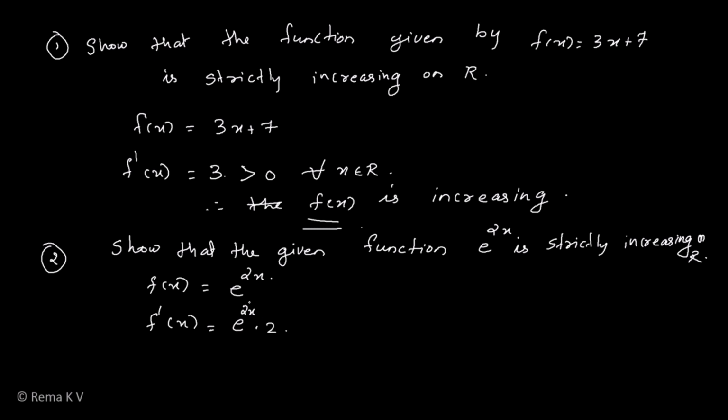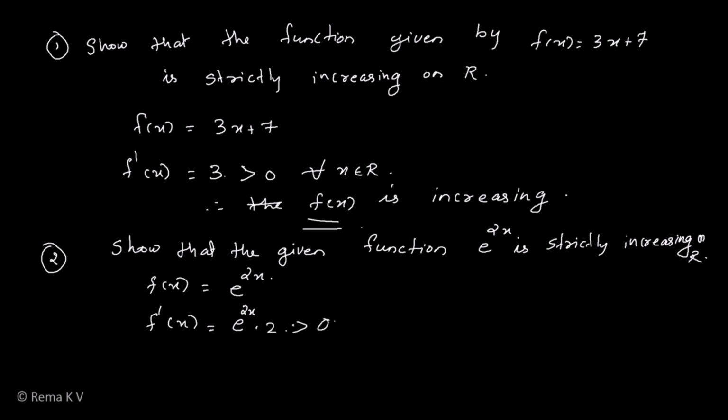And you know that this e is a number which lies between 2 and 3, that is, a positive number. Whatever be the value of x, negative or positive, e raised to 2x is always positive. That into this 2 is also positive. So the product of two positive numbers gives again a positive number.